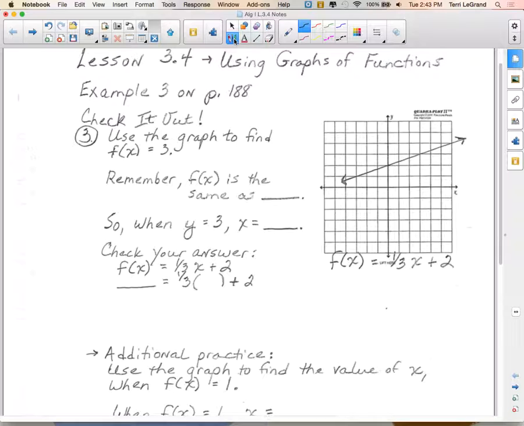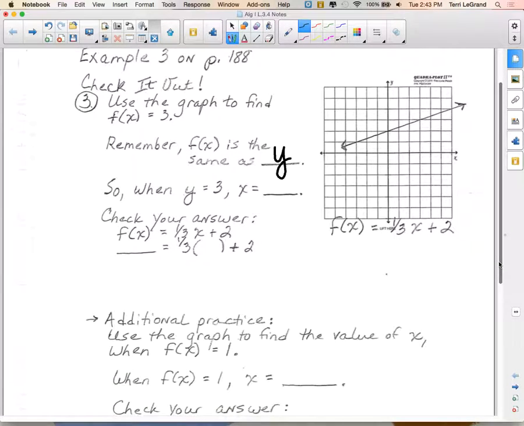Well, remember, f of x is the same as what? Y. F of x is the same as y, so they just gave us a what? A y value, didn't they? They just gave us a range value. Now we have to find the domain value, the x value, that goes with it.